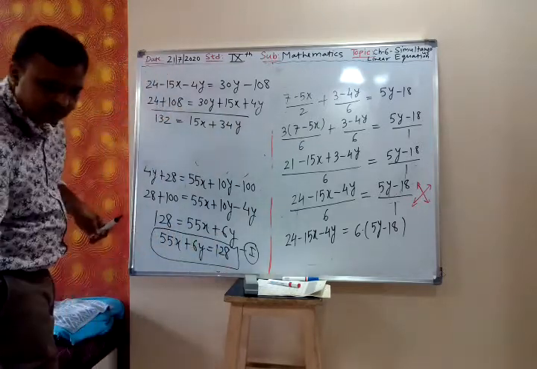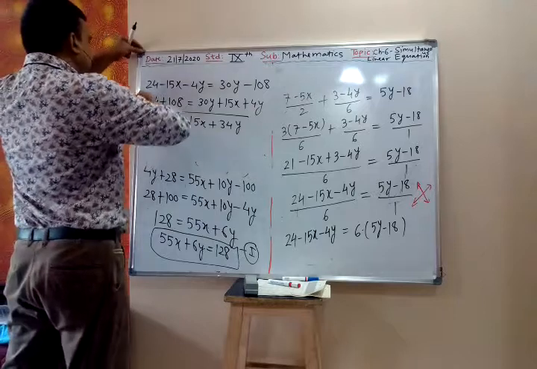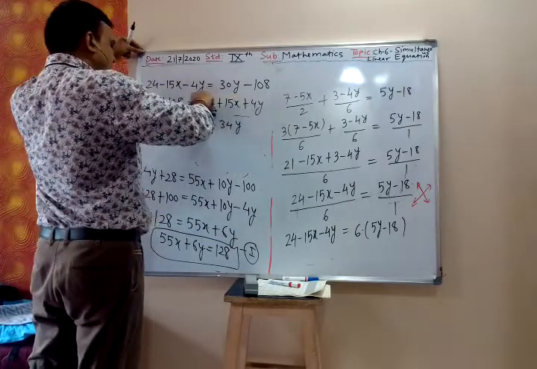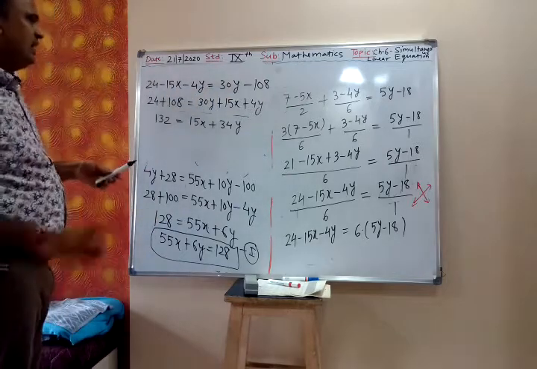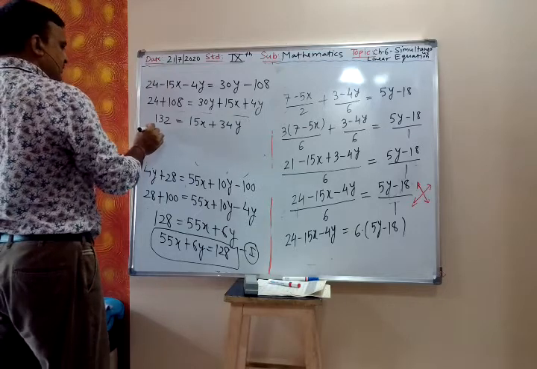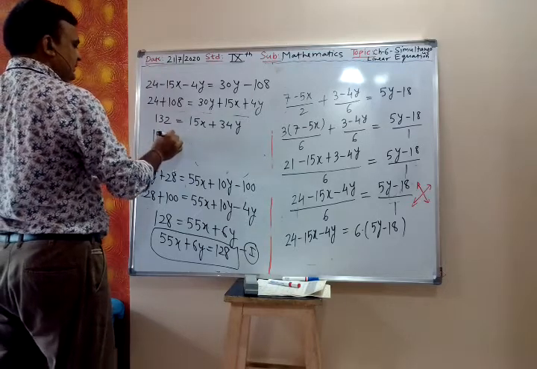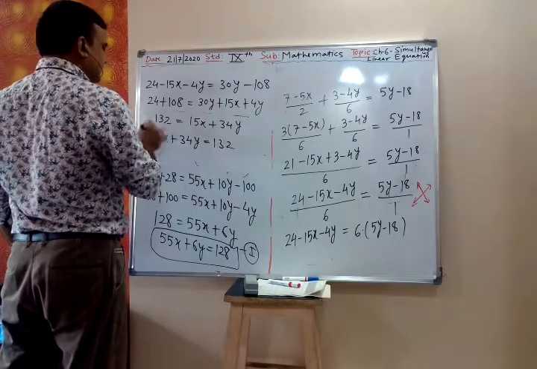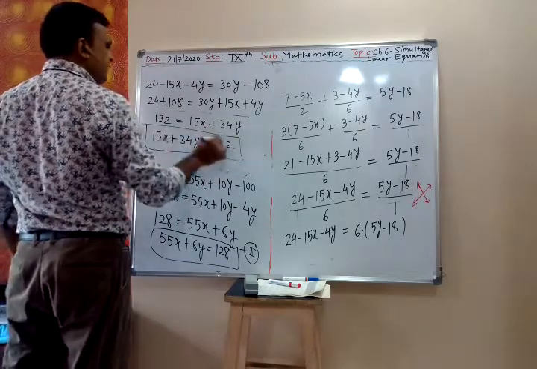Yes, you can keep x on the other side, but then x will be negative. So 15x plus 34y is 132. This is my equation number 2.